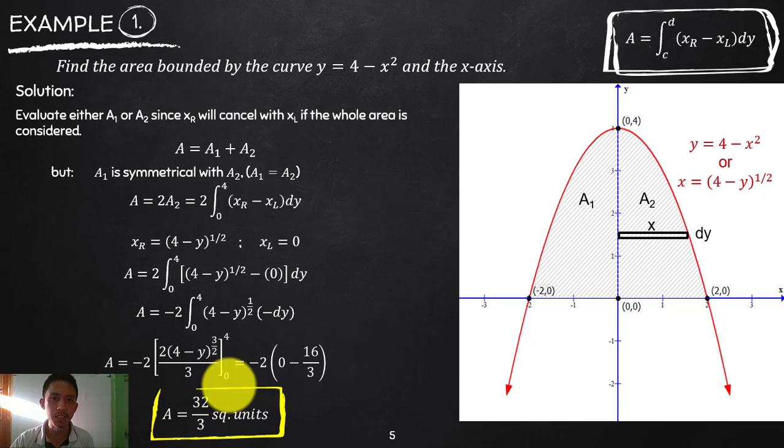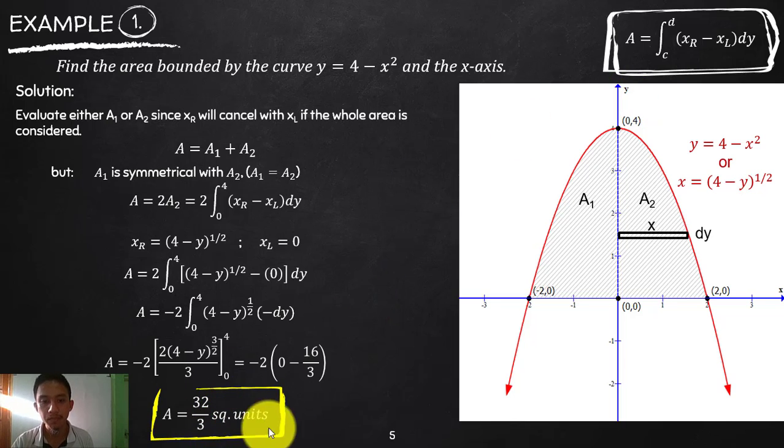But if it is given here that the scale of your x and y is millimeter or meter, then you will end up there with square meter or square millimeter.